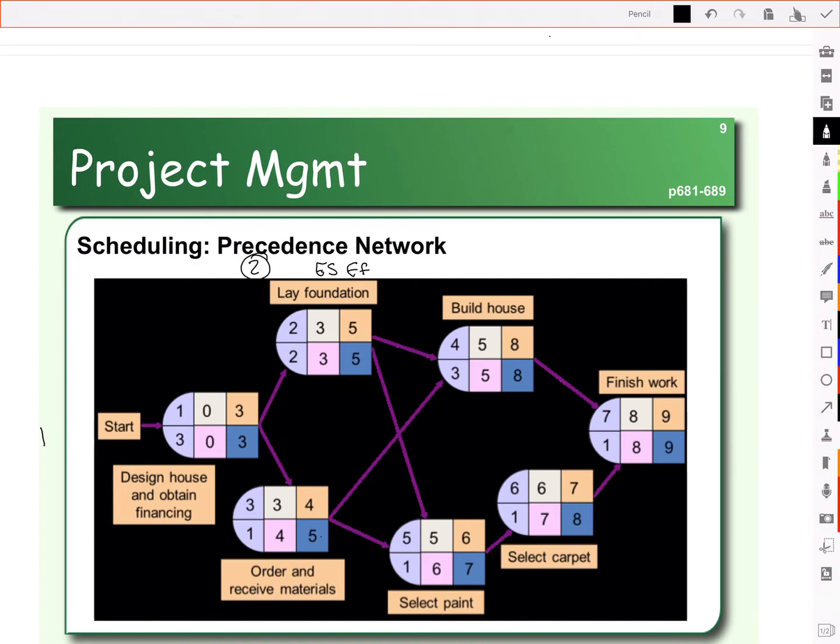Early finish is 5, late finish is 5, that's the blue, and you can see no slack. So as we look at the other activities, for example, we have activity 3 here. Notice that the early start is 3, the late start is 4, so there's slack of 1. So leave that up on the screen in a moment, just in case you want to try calculating the early start, early finish, late start, late finish for the other activities, and then here's the answers that you see here.